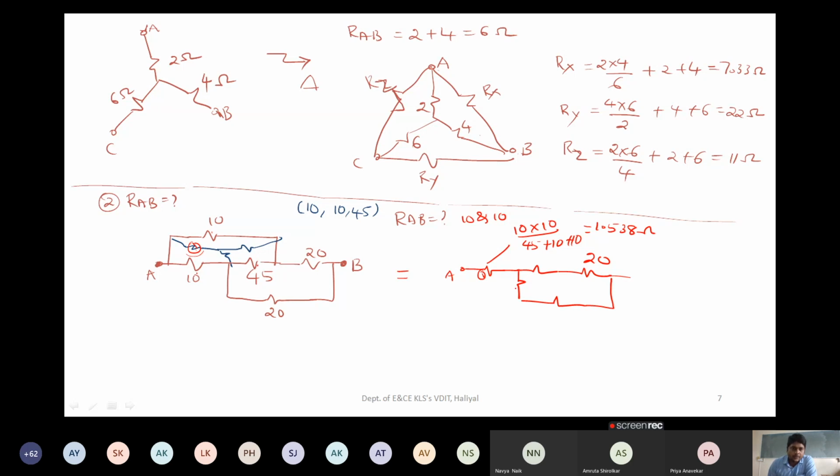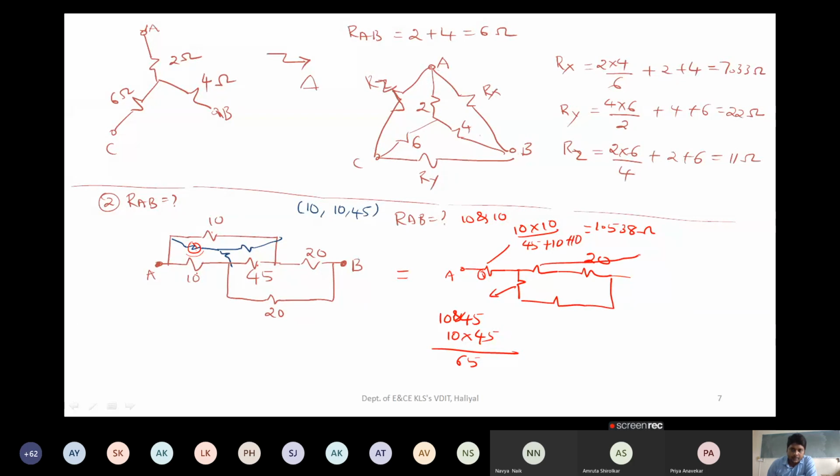Okay, and what about this resistor? It comes between 10 and 45. If you consider, this will be 10 into 45 divided by the same summation.